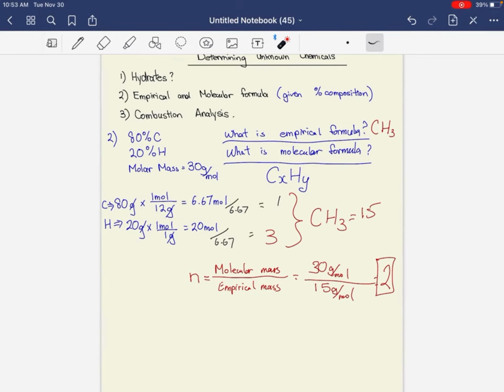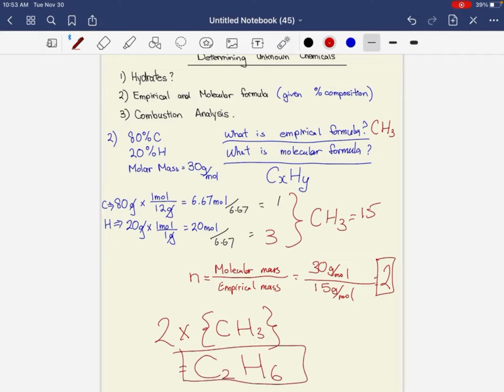Okay, so what are we going to do with this 2 that we got as an N value? Well, you're going to multiply that by every member in your empirical formula, CH3. So the idea here is going to be 2 times C and 2 times the amount of H's. So that becomes C2H6. Hey, C2H6, if you know anything about organic chemistry, that is called ethane.